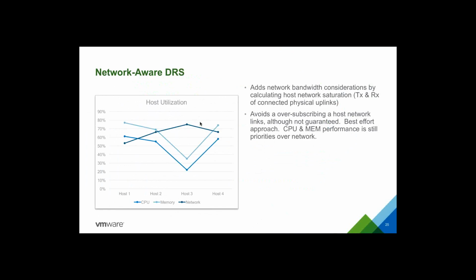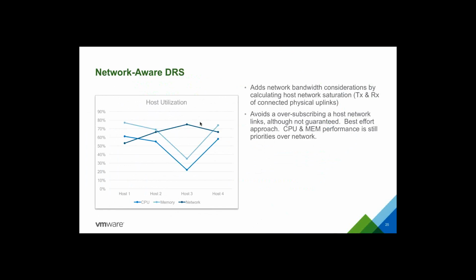host. And so if for some reason a virtual machine is running a little hot on one host and it's not getting the resources that it needs, DRS will come in and make a new placement decision for that virtual machine. And in prior versions, it did not ever look at the network utilization rates on all the other hosts in the cluster.